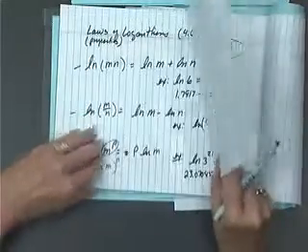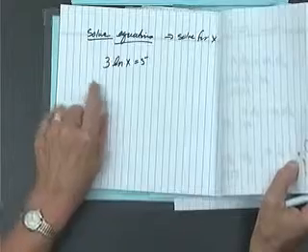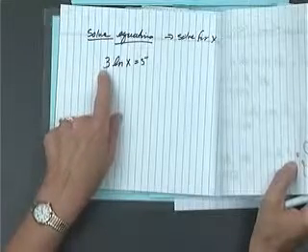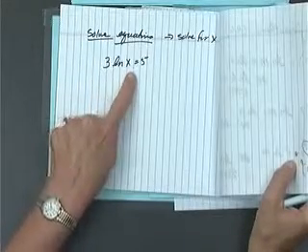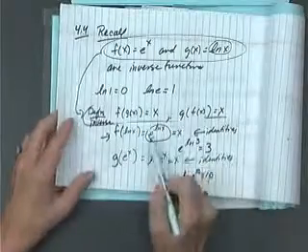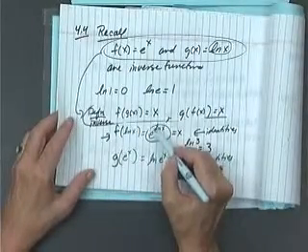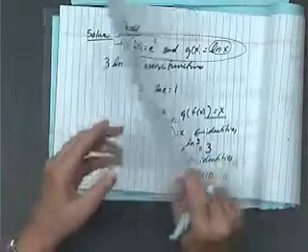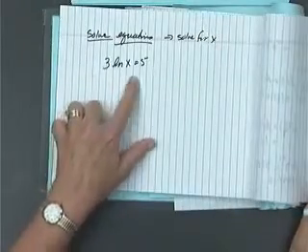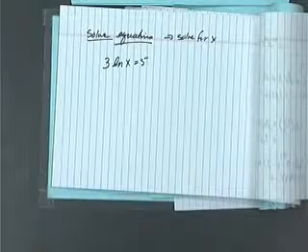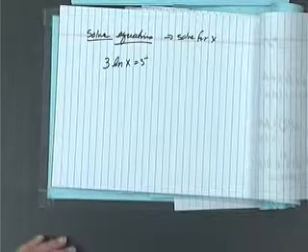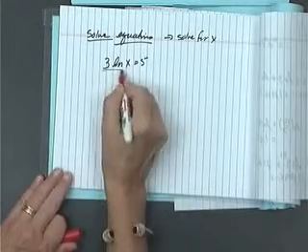If I want to raise e to both sides, that's 3 natural log of x. So to apply the identity exactly, I need a 1 in front of the natural log of x. So what do I need to do before I let both sides be the exponent for e? I need to divide both sides by 3.